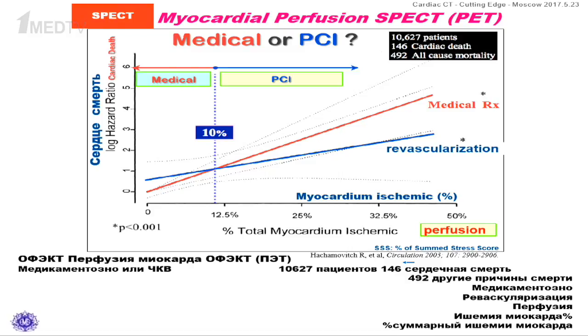So if the patient had ischemia of more than 10%, revascularization therapy or stenting is better than the medical treatment. But if the ischemia is smaller than 10%, the medical therapy had the better prognosis. So we need to assess the ischemic severity or area to make a strategy for the coronary artery patient.